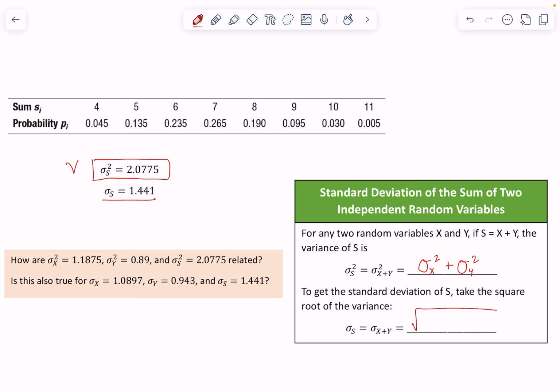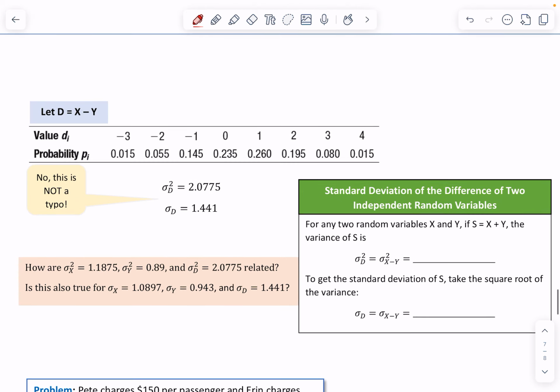If you want just the plain standard deviation, you add the variances up and then take the square root. So the way I say this is: square, add, square root. That's how I remember how to find the new standard deviation when I'm adding two variables together.